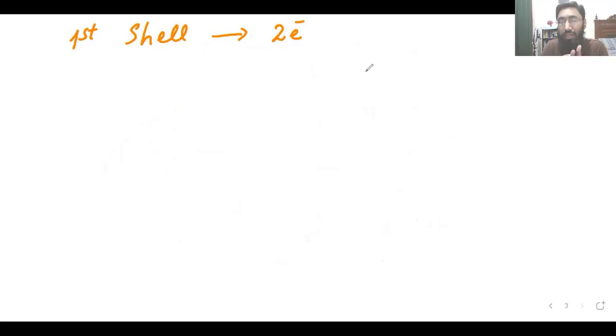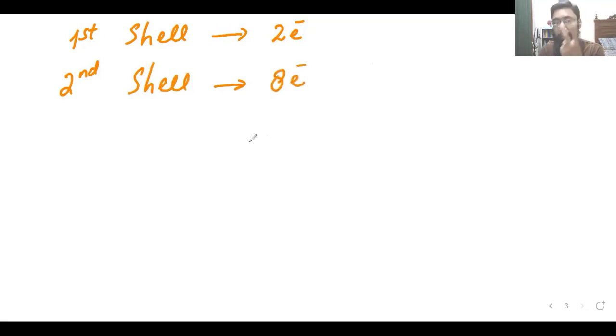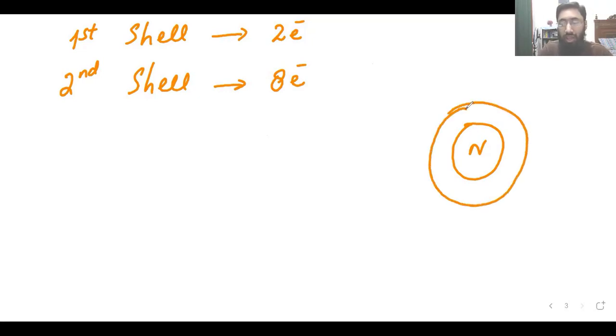Every shell has a different capacity. The first shell can accommodate 2 electrons. The second shell can accommodate a maximum of 8 electrons. Like this is the nucleus, this is the first shell. It can accommodate a maximum of 2 electrons. Then there is the second shell. It can accommodate a maximum of 8 electrons.